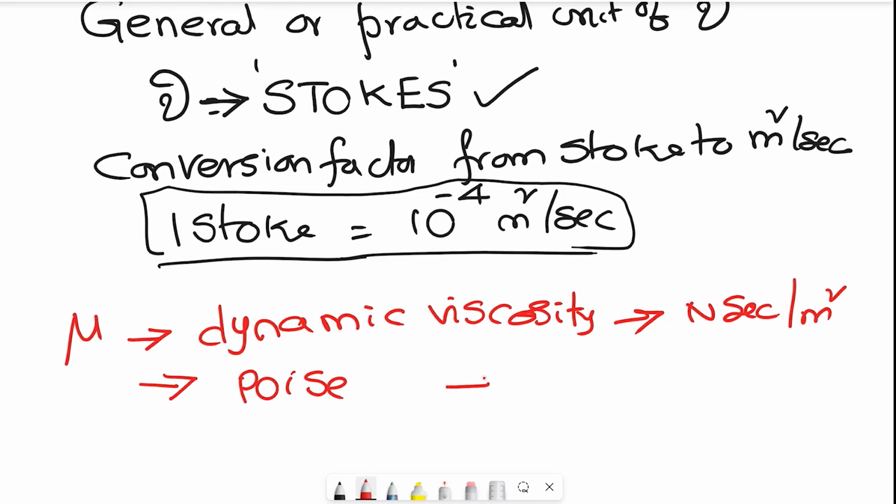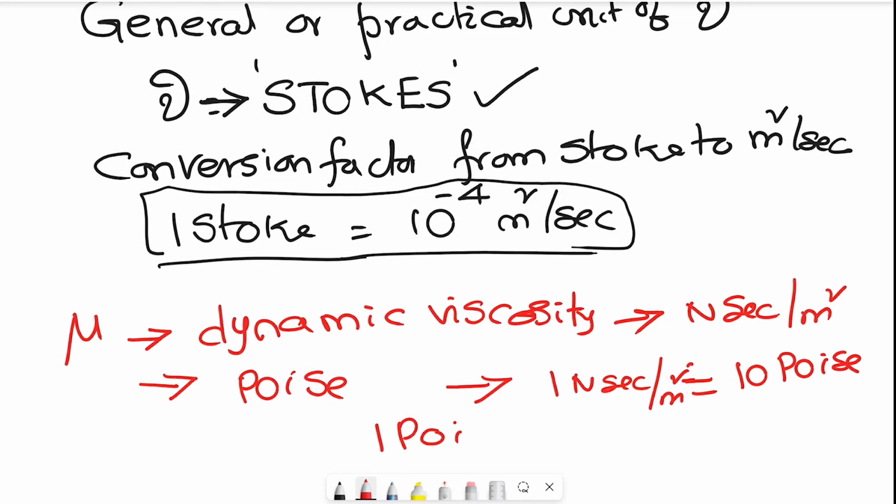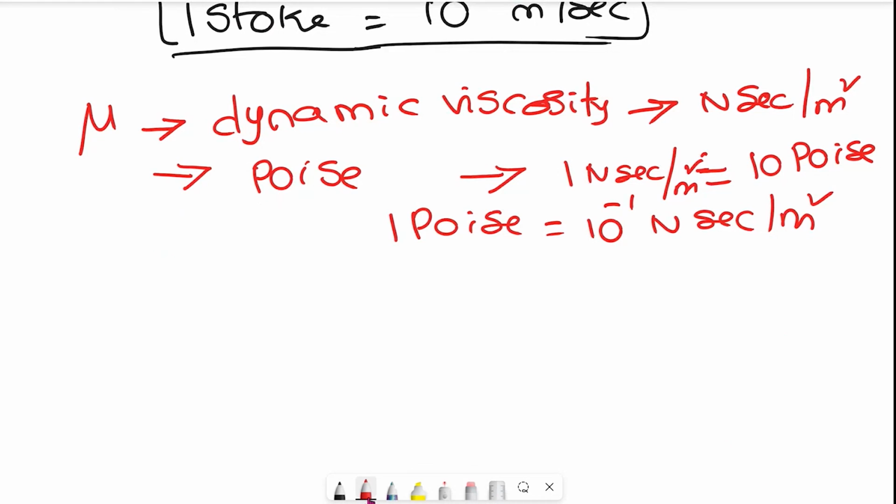And the conversion factor: 1 Newton second per meter square is equal to 10 poise, or 1 poise is equal to 10 to the power of minus 1 Newton second per meter square. This is very, very important. Otherwise, you cannot solve problems.